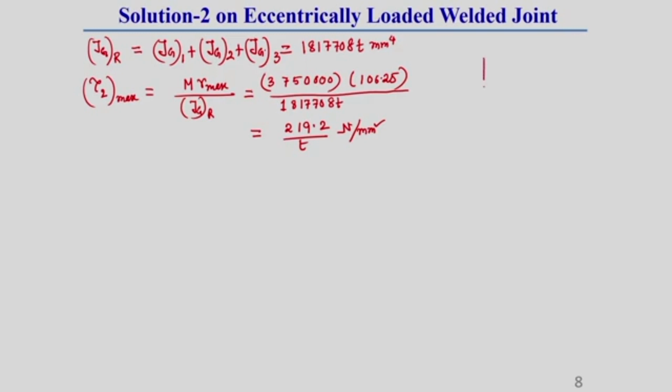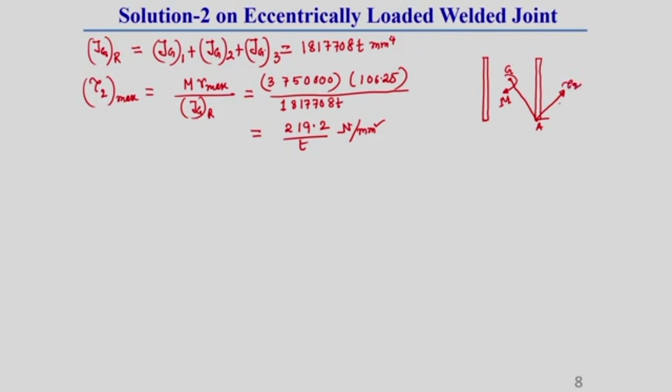Here you can see this is one vertical weld, this is another vertical weld, and this is G. This is the farthest distance we consider, our A location. As this M is acting in this direction, the direction of tau 2 max will be opposite to this.